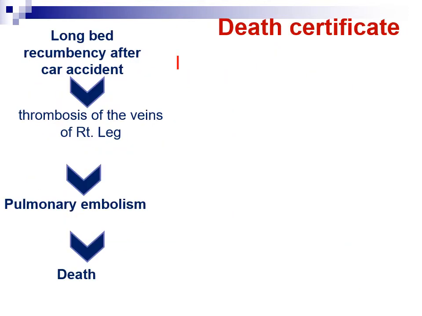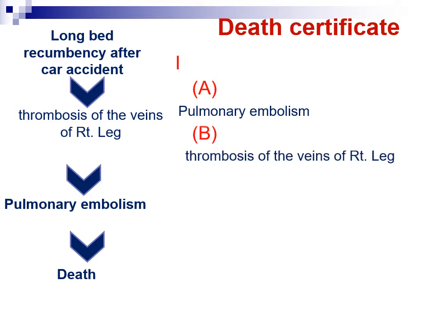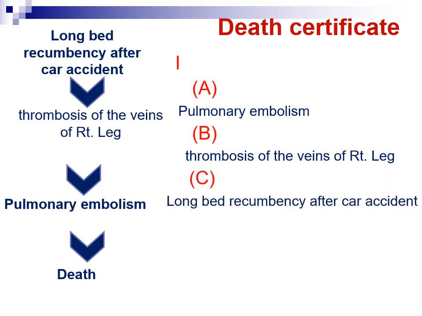So, to solve this problem, in part 1, A would be the last event before death, which is pulmonary embolism. B, what caused A, is thrombosis of the veins of the right leg. C would be long bed recumbency after the car accident.